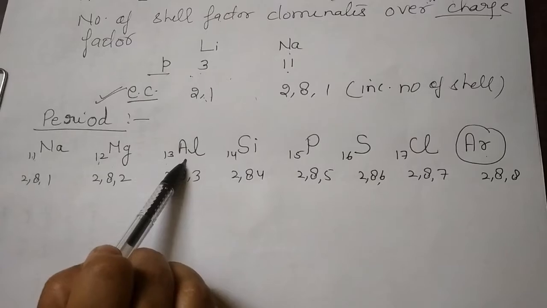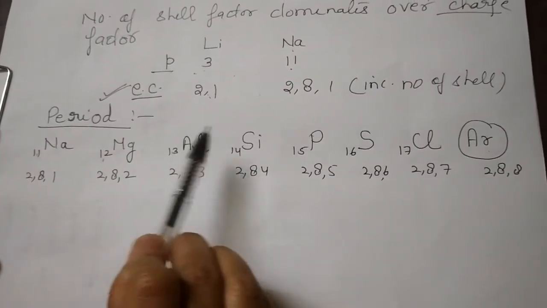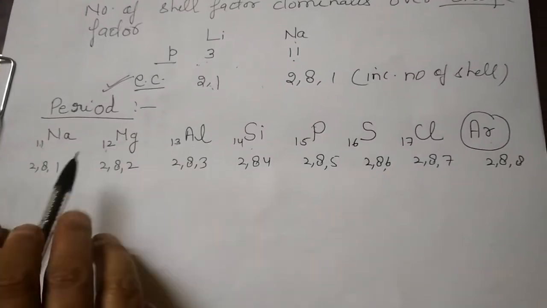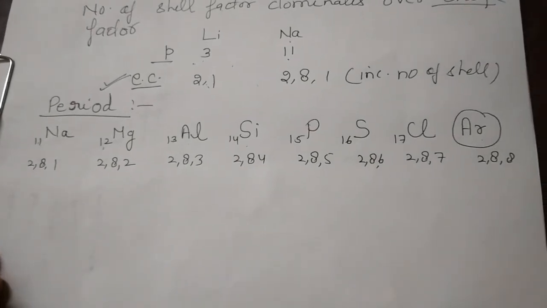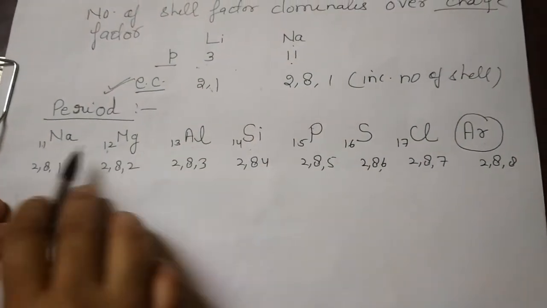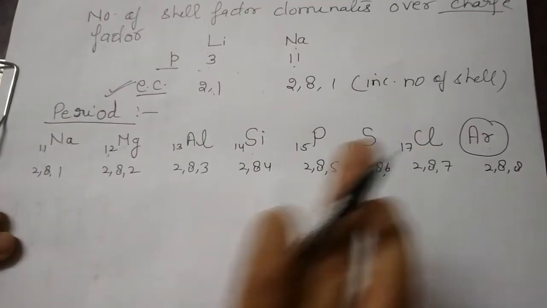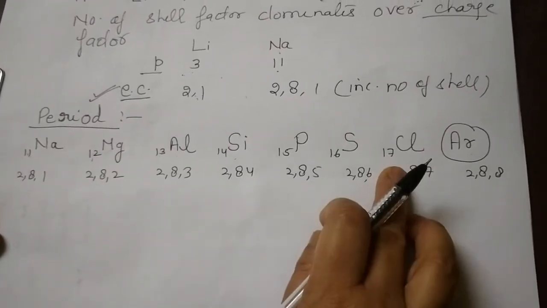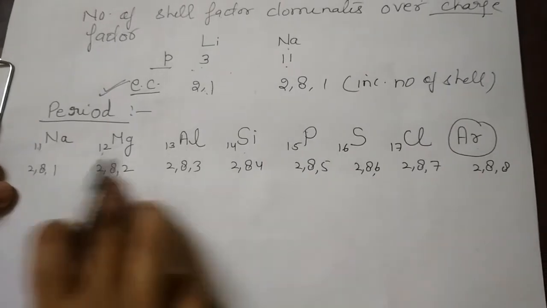In turn, aluminium again is increased by 1, silicon again increased by 1, and so on. So of the two factors, the number of protons is increased one by one. That means the nuclear charge increases and the size decreases. The number of shells is the same.